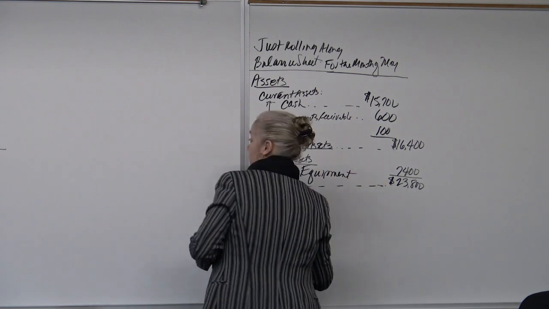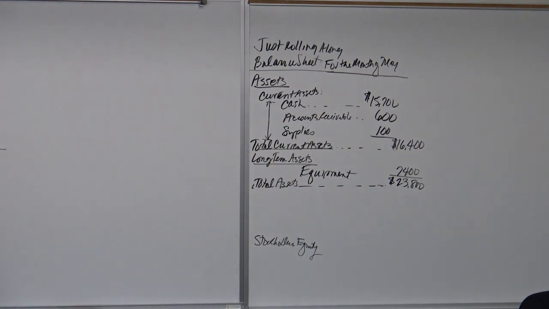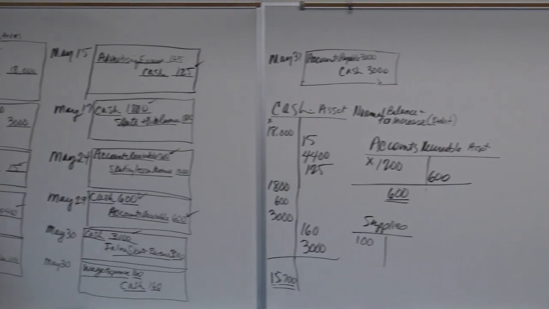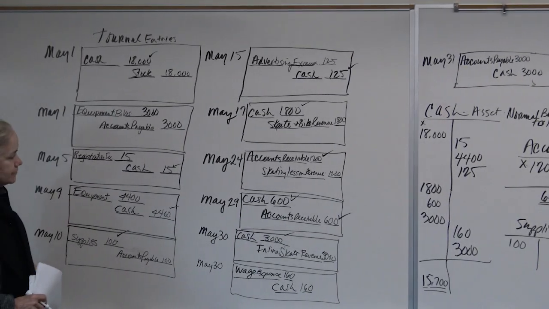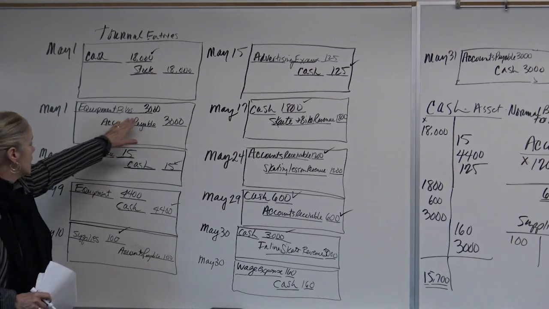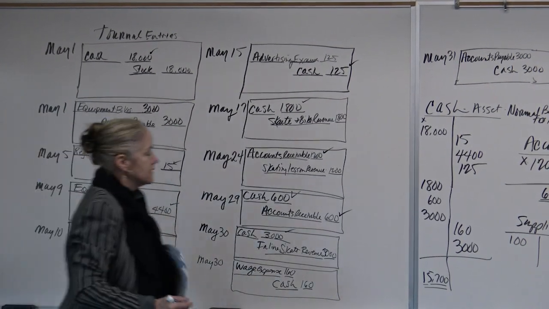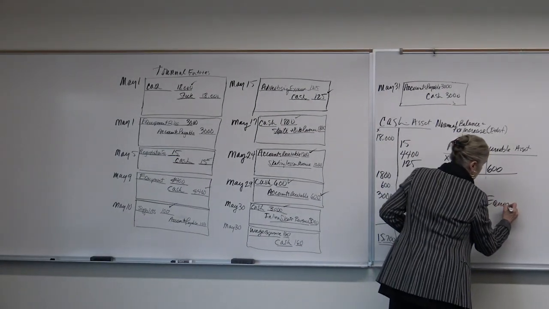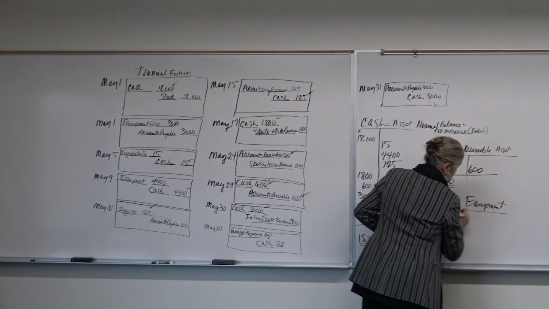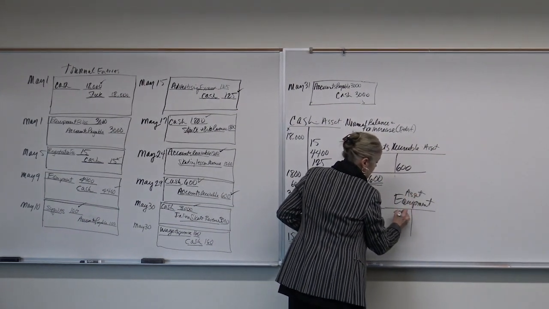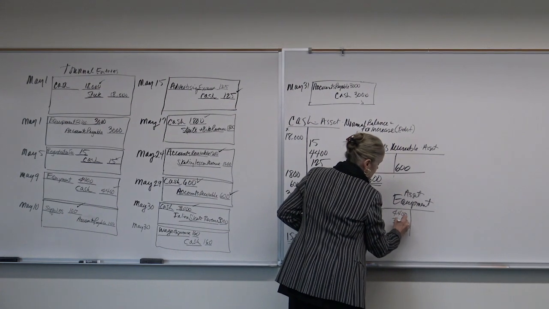And the equipment is coming in from these accounts over here that you see on the board. I've got equipment here, 4,400, and also the 3,000 that we have here, equipment. So the equipment is a combination of another asset. We have 4,400 and 3,000.